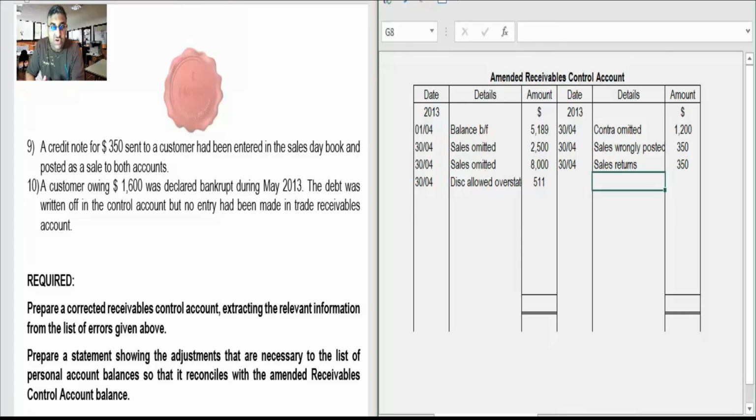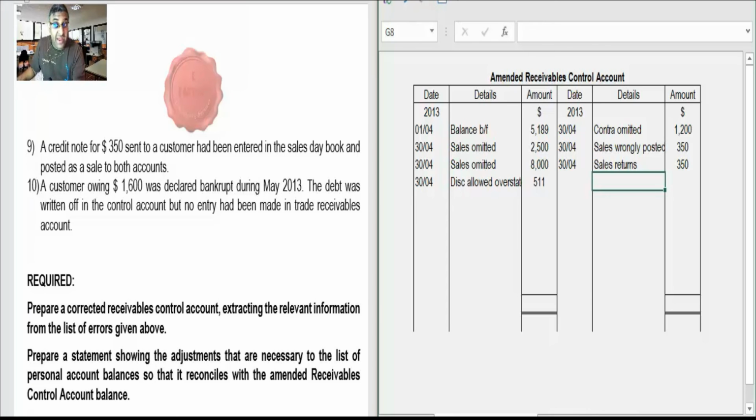It's an irrecoverable debt, and we have correctly written it off in the control account, which means our entry in the general ledger is correct. No correction has to be made in the amended receivables control account. But no corresponding entry had been made in the trade receivables account. In other words, no corresponding entry had been made in the sales ledger.